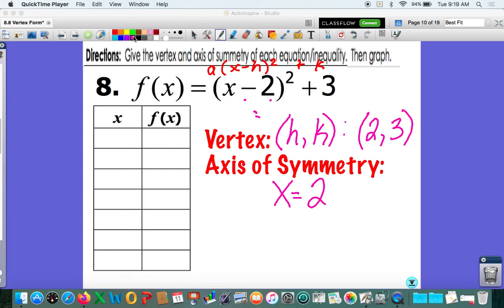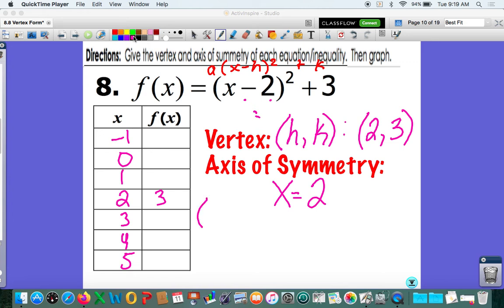Okay? Now plug your vertex into your table. You know how to do this. We've done this before. 2, 3. 3, 4, 5. We'll use all of our spaces. And 1, 0, and -1. Okay? You take your x values and plug them in. How do you plug them in? Well, quite simple.